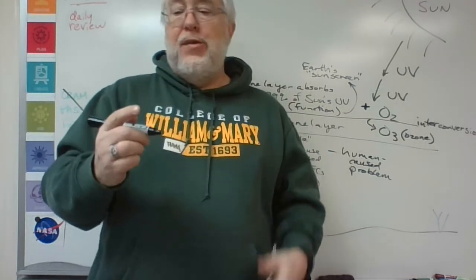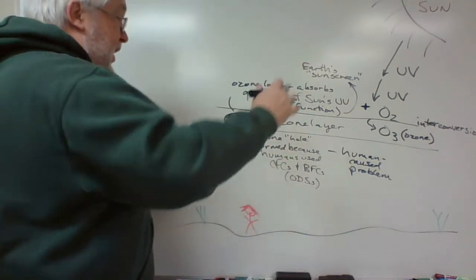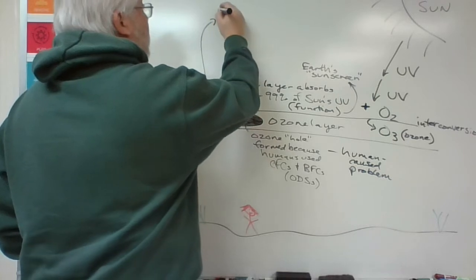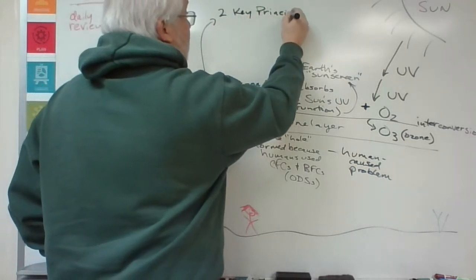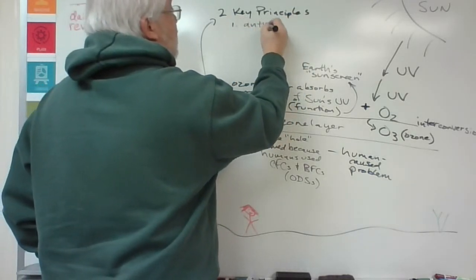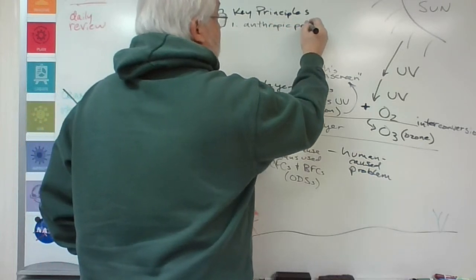Well, there are two key principles, of course, that come out of this study. First of all, there's incredible fine-tuning. So we've got two key principles. The first is what has been referred to as the anthropic principle.